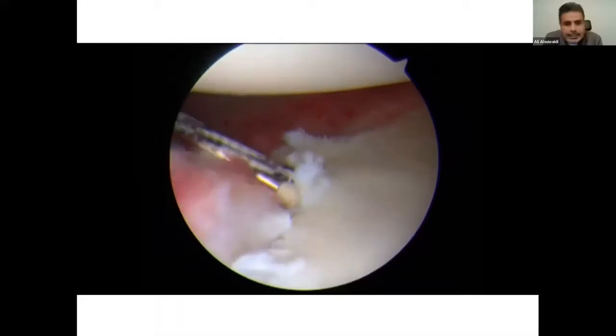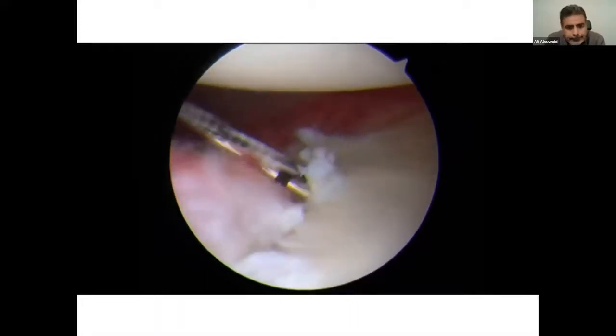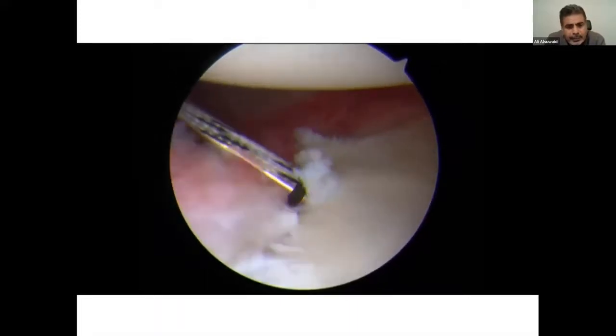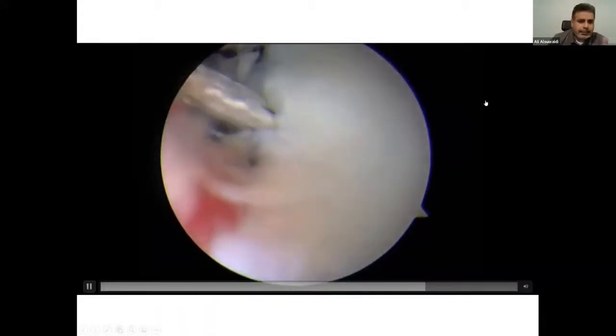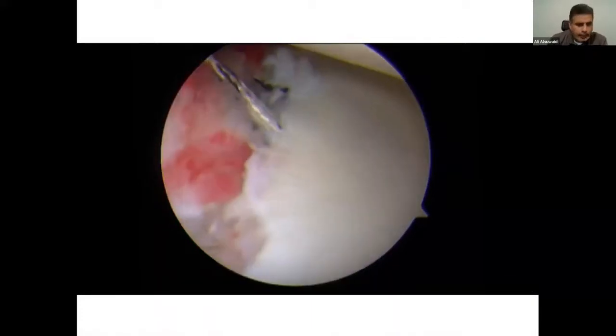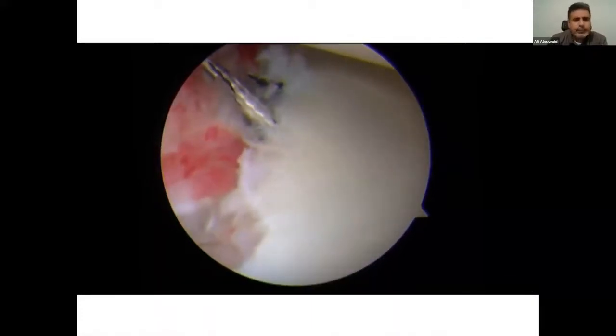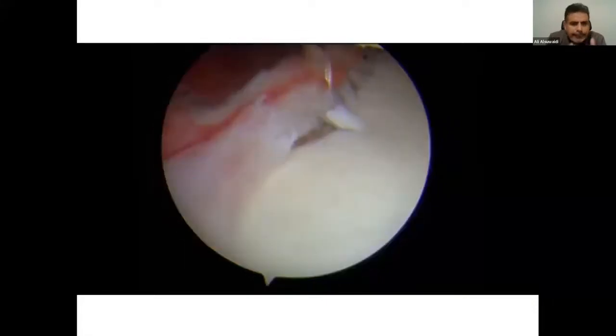So this is the knotless technique, and I did 4 anchors here. And I try to put the anchor a little bit on the bone, a little bit anteriorly, to cover it with the posterior labrum and capsule.